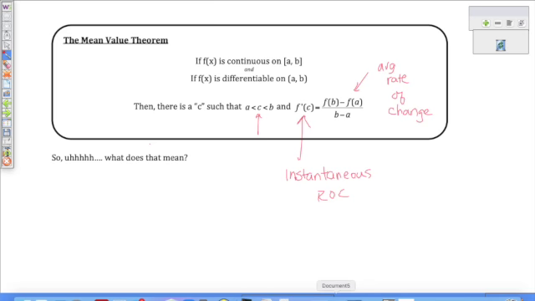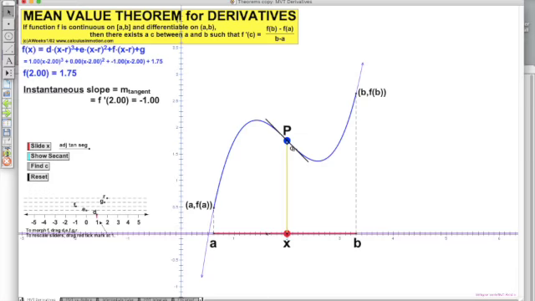So let's go back and look at this, if I can find it out of my 8,000 things that I have open here. So let's look at the secant line. Here's the secant line between a and b. What this is saying is because this function is continuous on the closed interval, there's no breaks in that graph, and it's differentiable on the open interval, there must be some point on this function where the derivative is equal to the slope of the secant line.